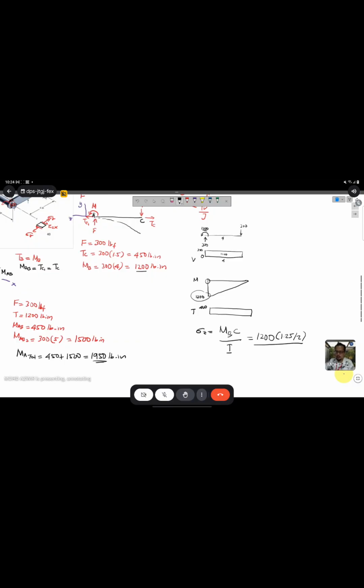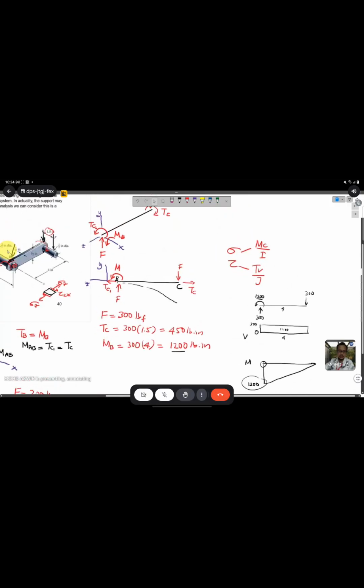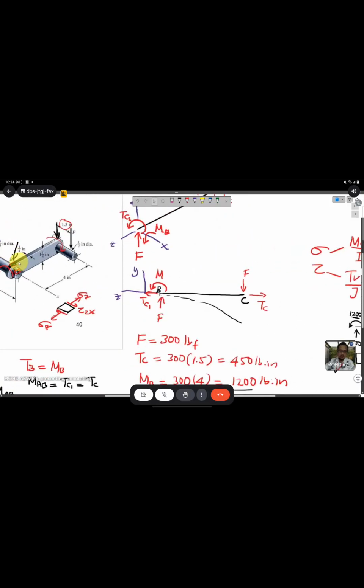And I, because this one is rectangular, you can see that the cross-section area will be like this. The cross-section area is a rectangle, and the neutral axis will be like this.